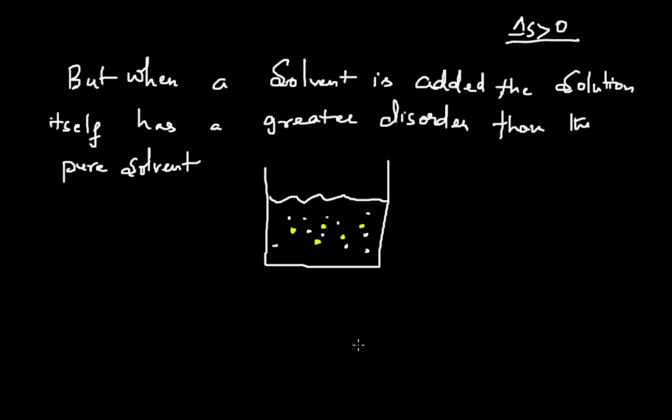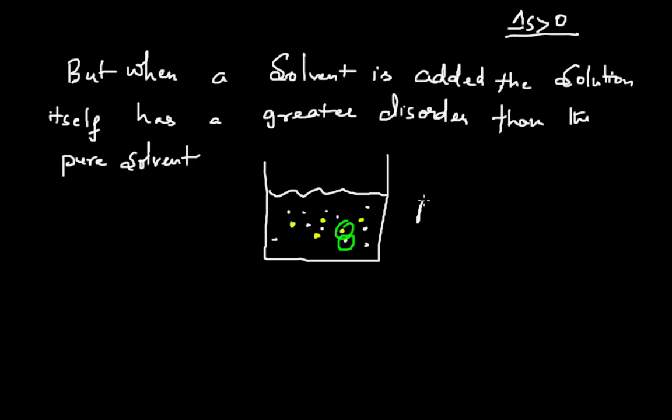Now, if you want to pick a molecule at random, sometimes you might pick this, or sometimes you might end up picking a solute molecule. So which means here randomness has occurred, right? So this represents disorder or randomness.